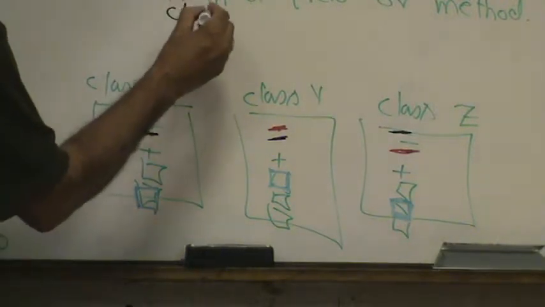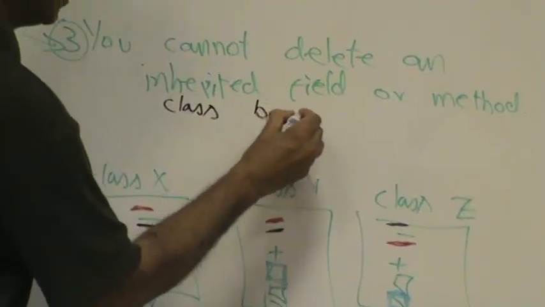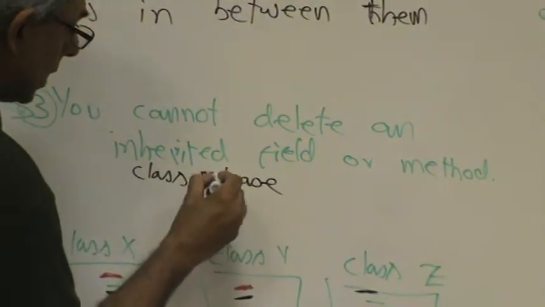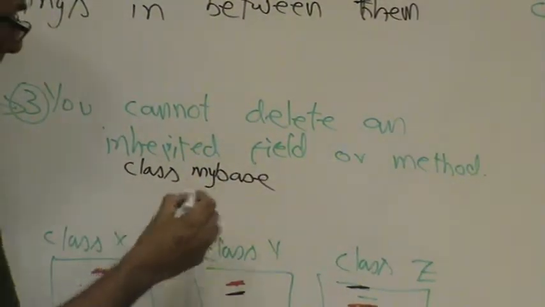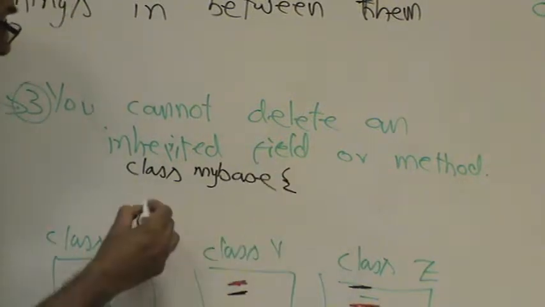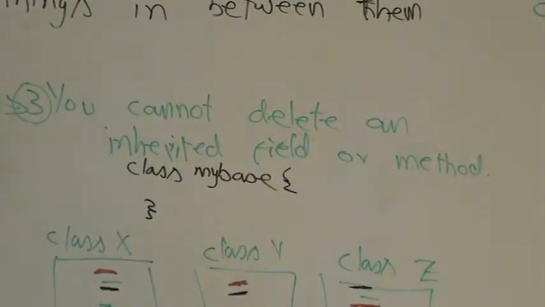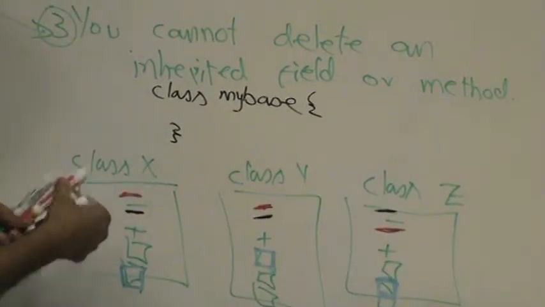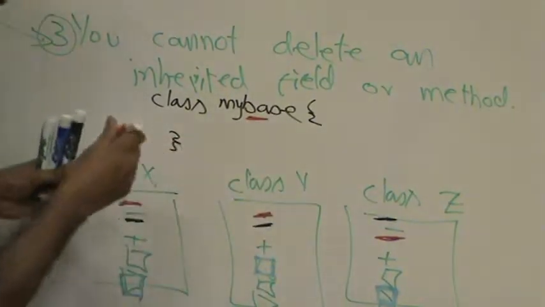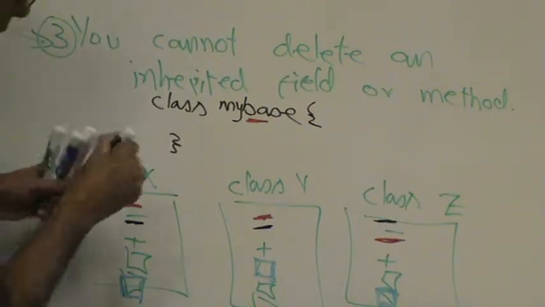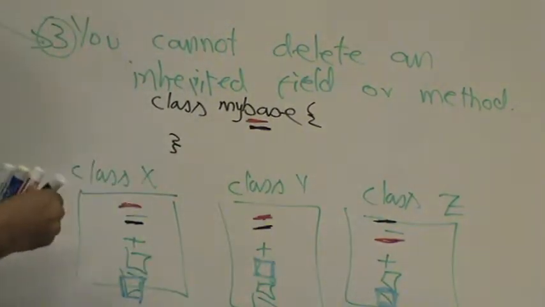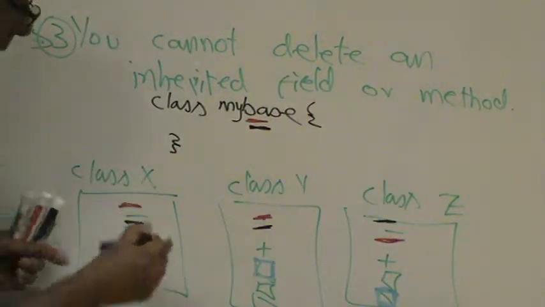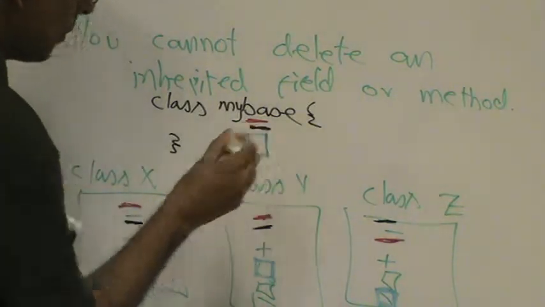We'll create a class called, let's call it base, or my base, okay? And in this class called my base, what we will do is, we'll take out all the common things and move it over here. So the red field will be moved over here, the black field will be moved over here, the blue field, sorry, the blue method will be moved over here.